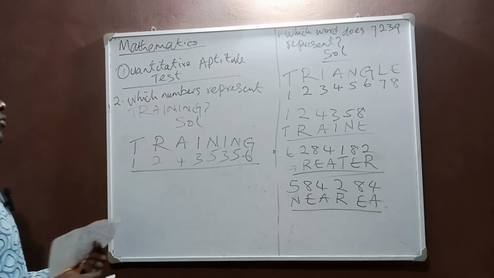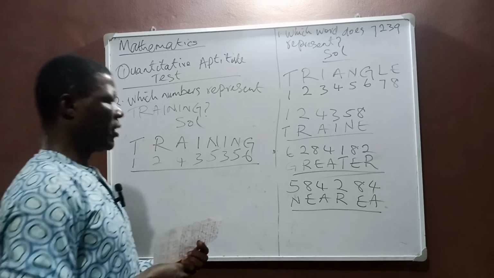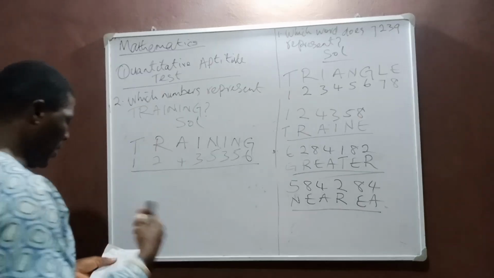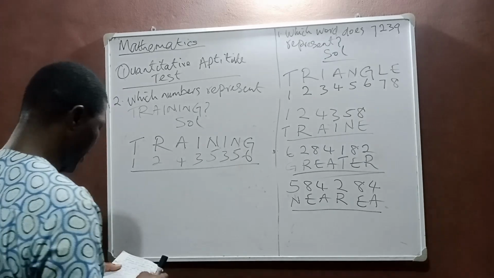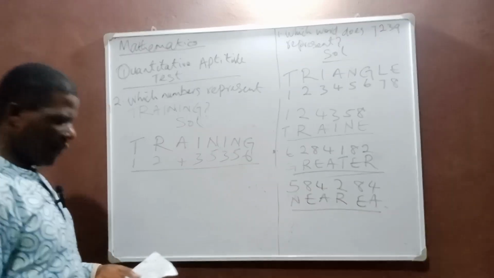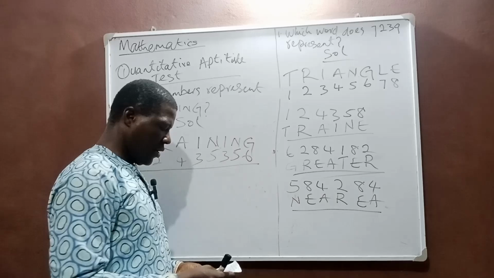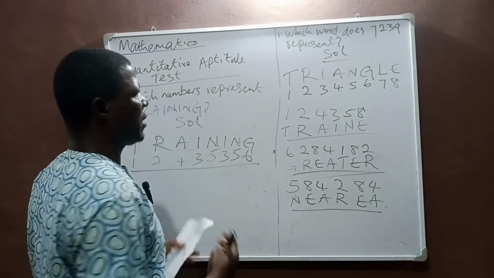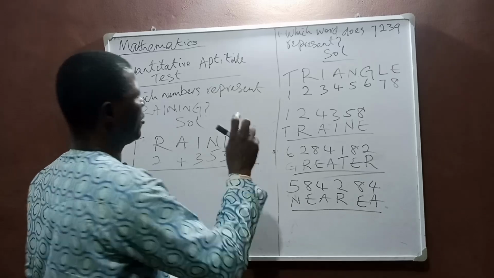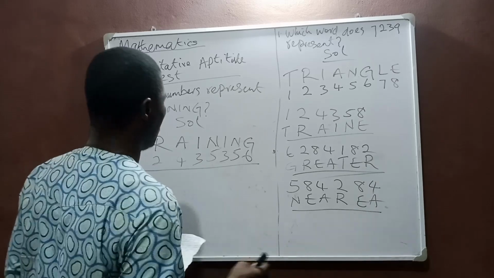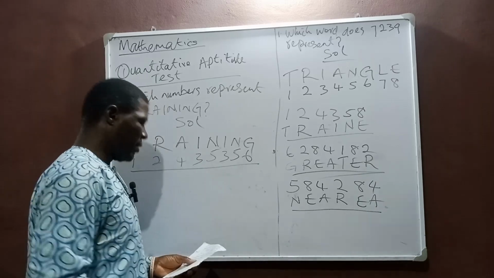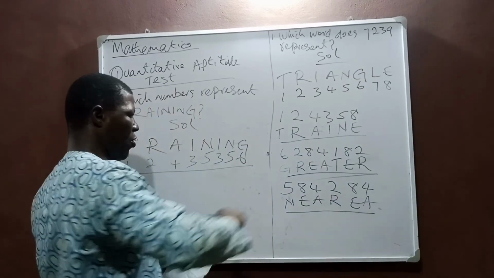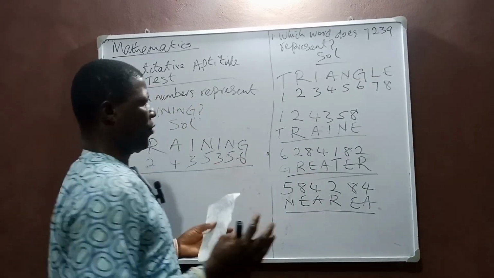This is how to solve quantitative questions that border on using numbers to represent letters or letters to represent numbers. With this lesson today, I want to let you know that you can solve any kind of question on quantitative aptitude tests bordering on numbers and letters. If you follow it serially, you will not make a mistake no matter how long or difficult the question is.